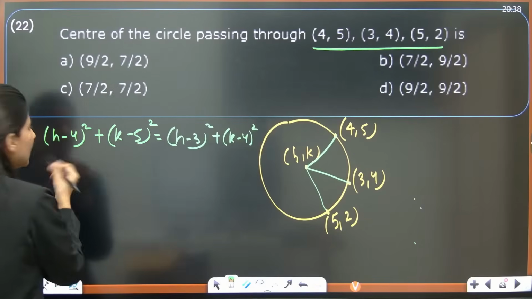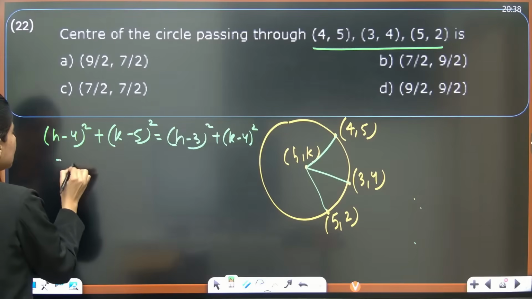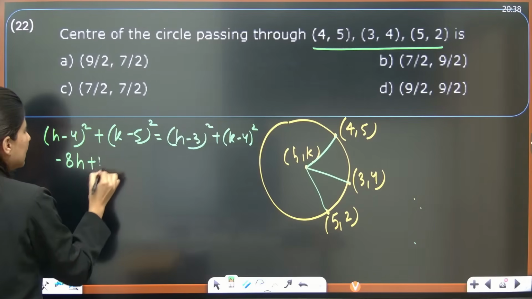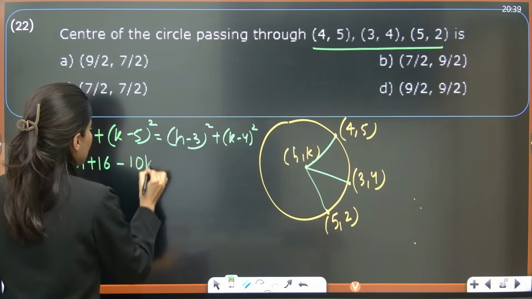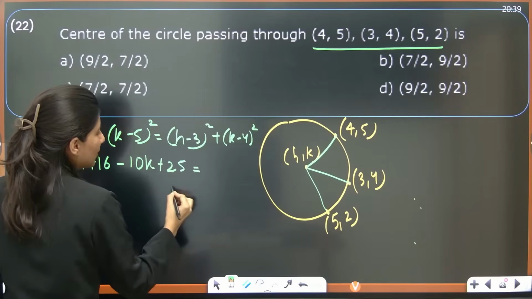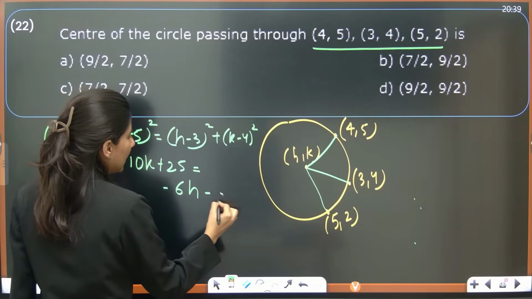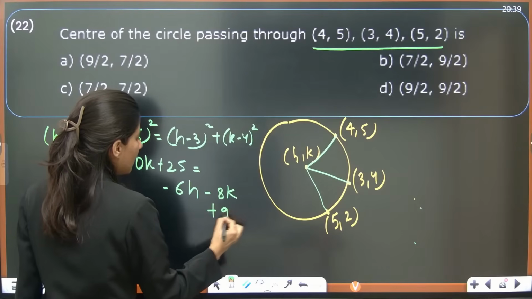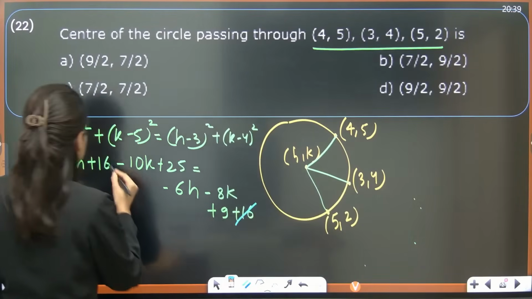Correct? So, open it, h square, k square gone. So, this you are going to get what? Minus 8h plus 16 plus 25 minus 10k is equal to, from here, minus 6h minus 8k plus 9 plus 16. Correct? So from here you will get 16 gone.